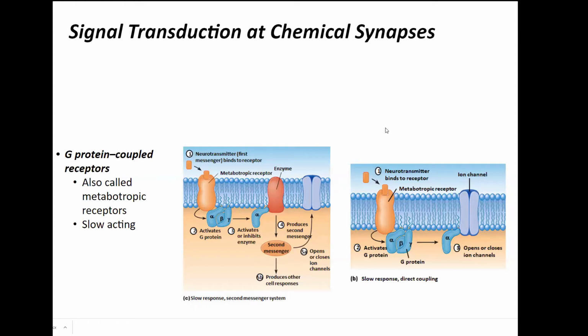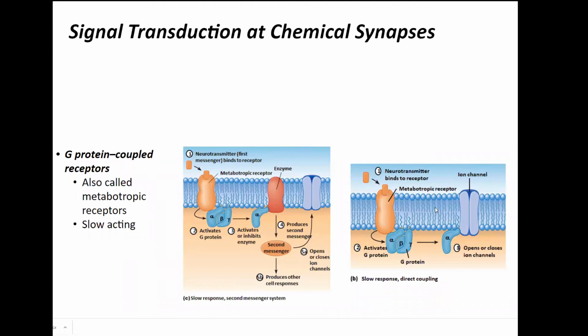Okay. Our easier type of G protein coupled receptor here can more directly open the ion channel. Still not as direct as with our ionotropic receptors, but we do have some G protein coupled receptors where, when the neurotransmitter binds and the metabotropic receptor is activated, this G protein breaks apart, but the action of the G protein is to pretty directly open that ion channel.